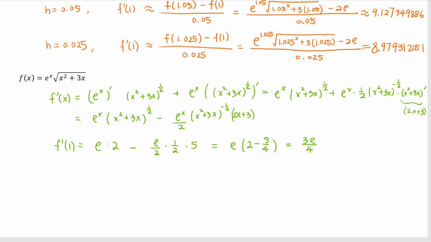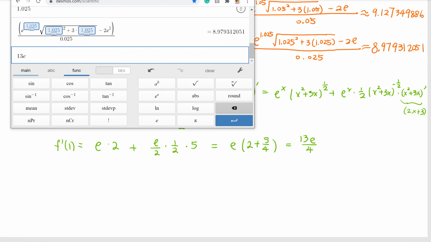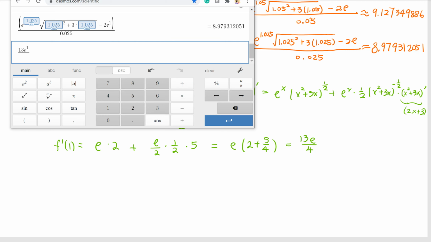And, oh, why do I have it minus? See? I have a mistake again. Gotta be very, very careful. So then we have 8 plus 5 is 13. 13e over 4. Calculator. 13e, so it's like e to the 1, and then go back down over 4.